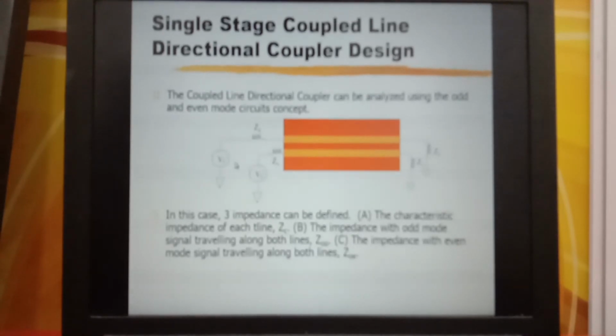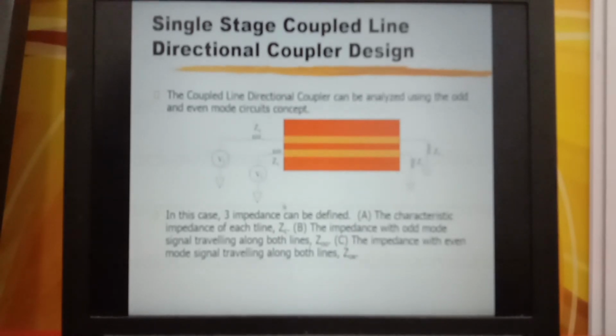Consider two signals V1 and V2 connected to the pair of transmission lines. Voltages V1 and V2 can be considered as the sum of a pair of even mode signals and a pair of odd mode signals, where V1 is the even mode voltage plus the odd mode voltage, and V2 is the even mode voltage minus the odd mode voltage.